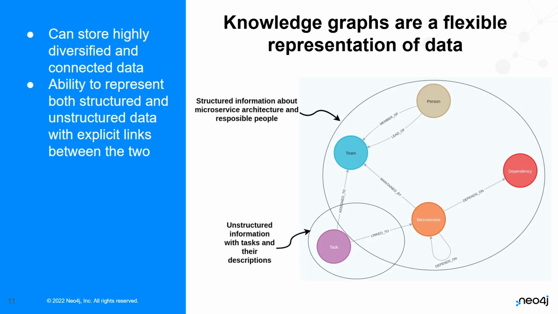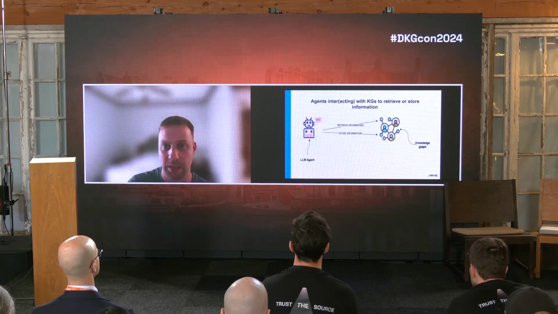Because a lot of information is unstructured, like PDFs or text documents, and the knowledge graph gives you the ability to represent both of these types of information in a single database, right?